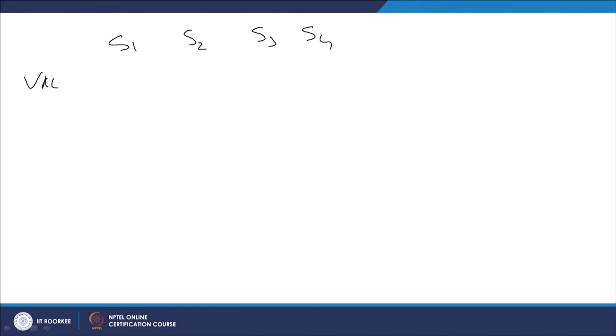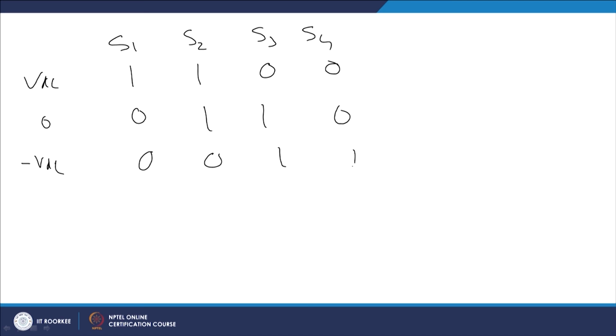When you require to generate VDC, that means the 2 upper switches are closed, let us make the upper switch closed by 1 and the other will be 0. When you want 0, it will be this condition. When you want minus VDC, you will have this.